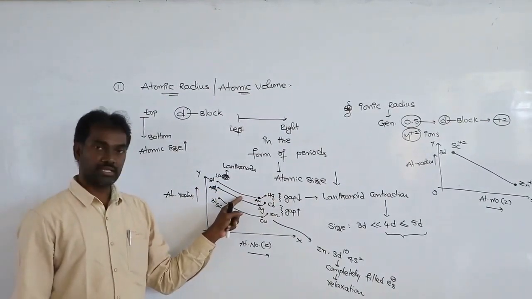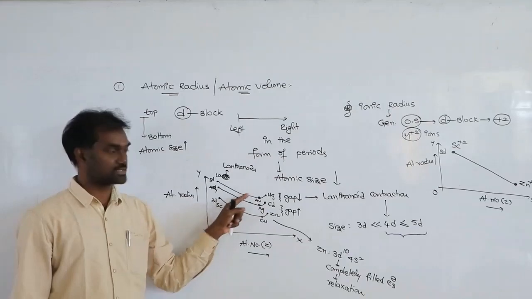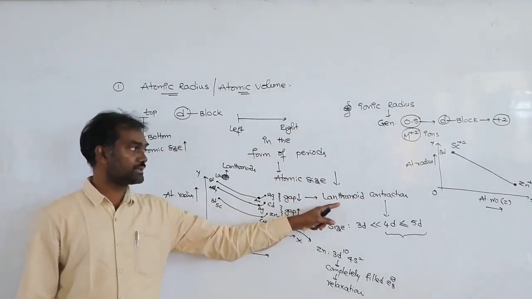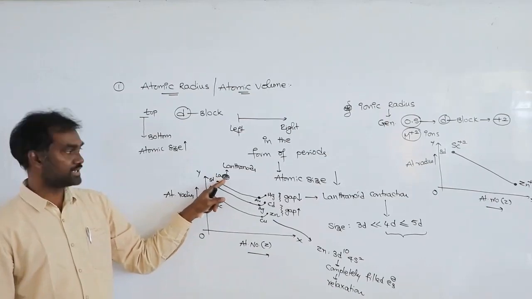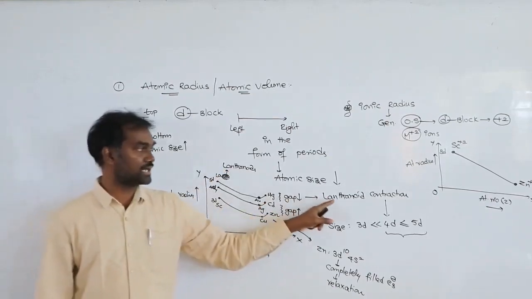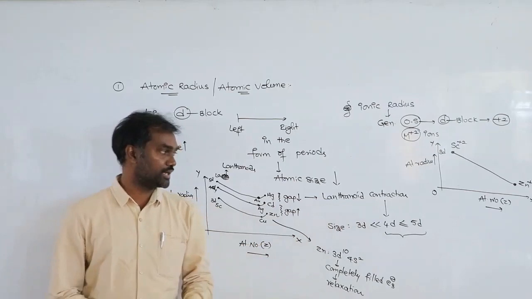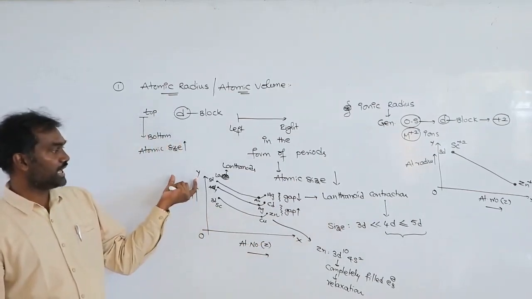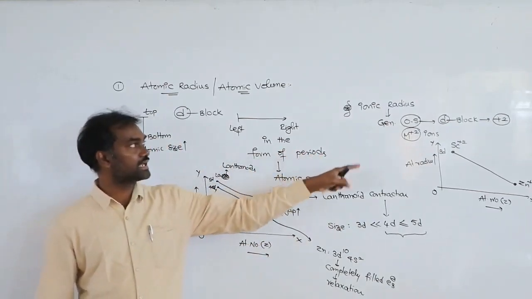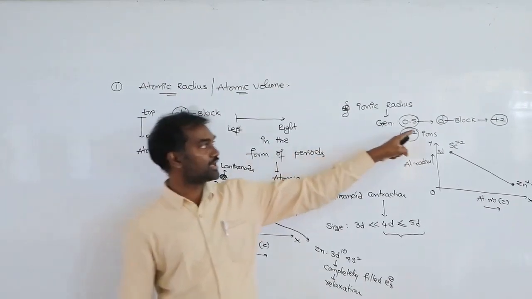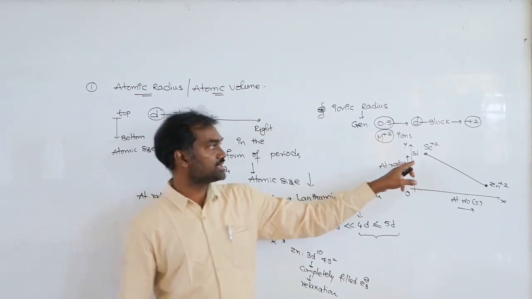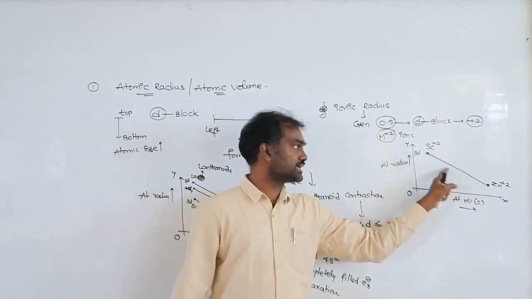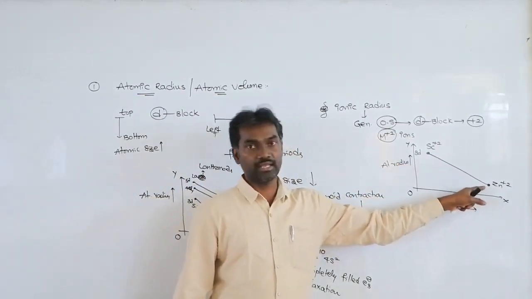Compared to our expectation it does not increase much because of the problem of lanthanoid contraction. After lanthanum we have 14 lanthanoids coming, and because of this contraction the problem happens. This is atomic radius; this is ionic radius. Generally the d block oxidation state is +2, so if you take M+2 ions, there is no variation; it decreases in a direct straight line.